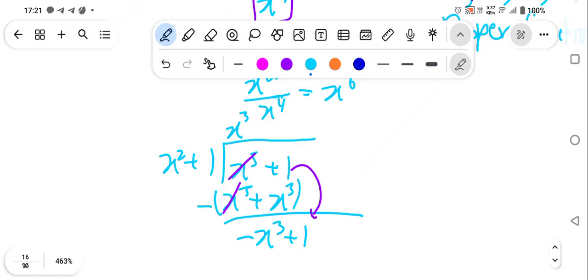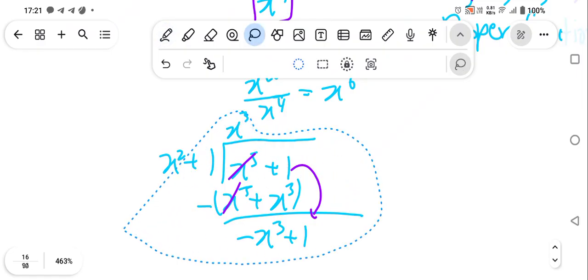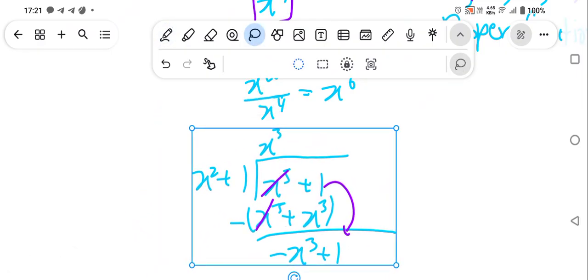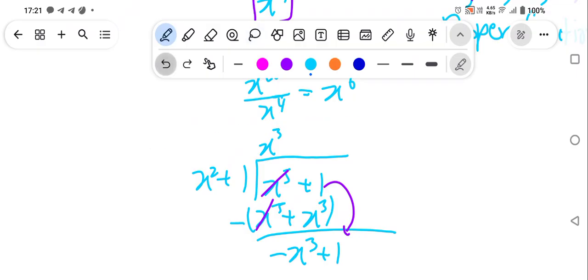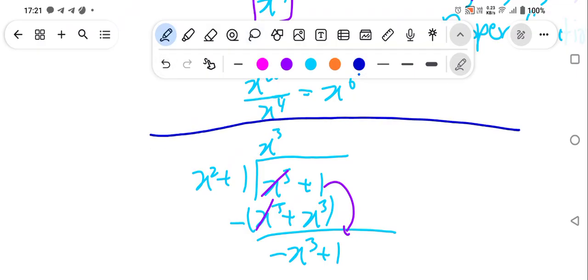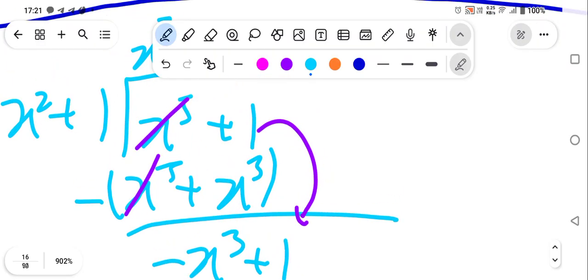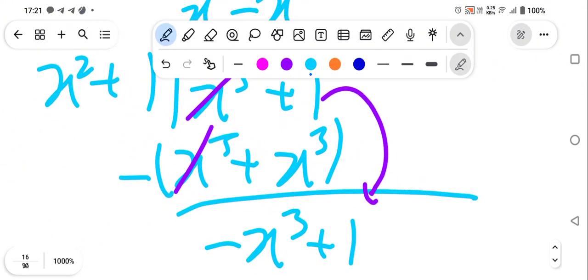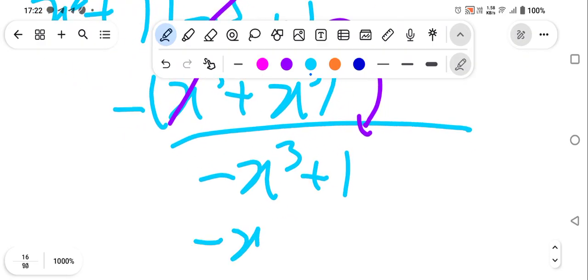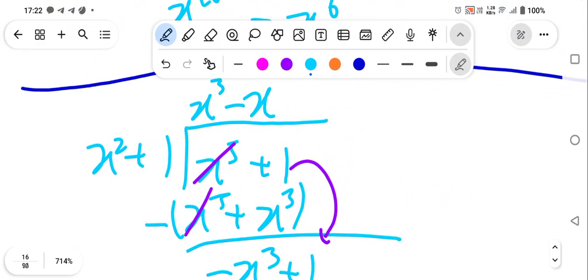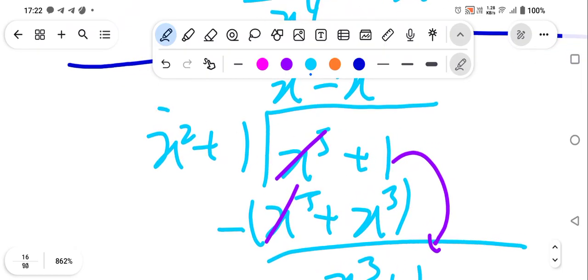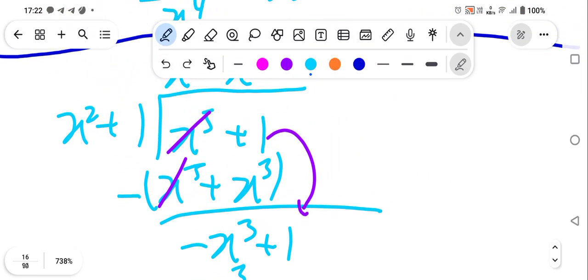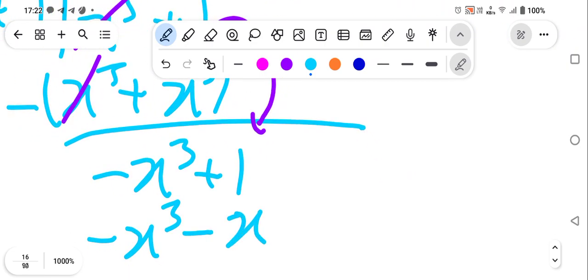Oh wait, this is mixing with this. Alright, better. I'm gonna draw a line. So we can subtract x. Why minus x? Because we have negative x cubed. So we have minus x times x squared plus 1. Minus x times x squared is negative x cubed, and minus x times 1 is minus x.